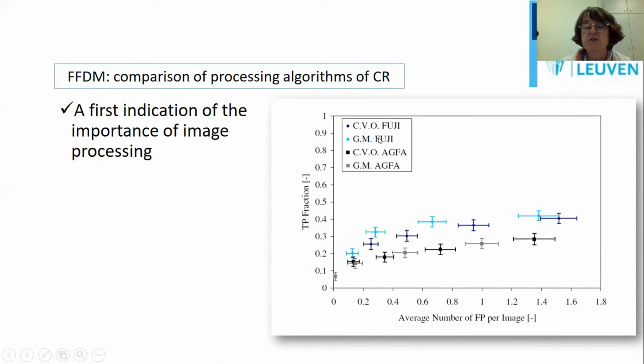We have two readers reading the images of Fuji CR and Agfa CR, and you see that there was already an outperformance at that moment for the Fuji CR, which had the double reading system, in comparison to the early single layer phosphor CR. What you see here is the detected fraction of all the simulated lesions as a function of the false positives.